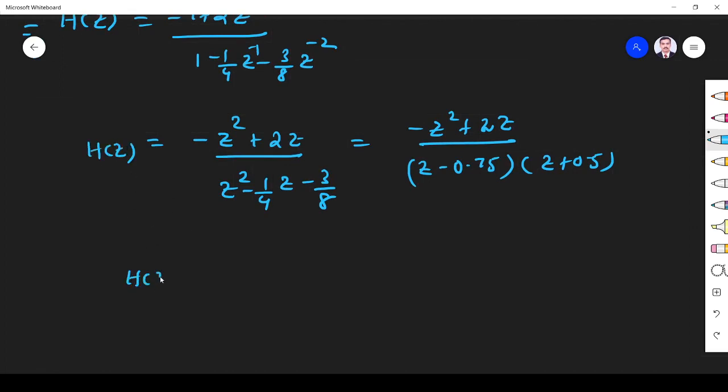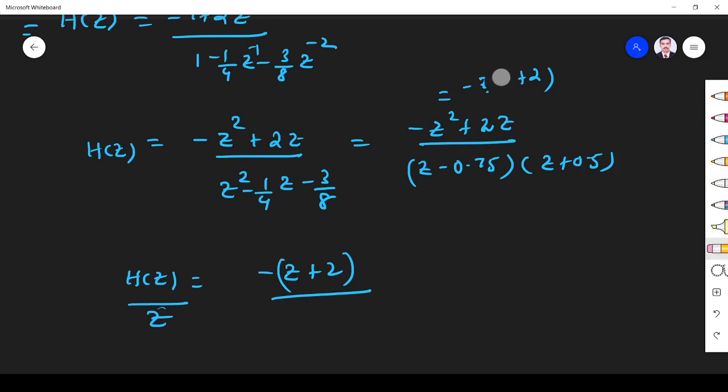So whenever you find the inverse z transform, you try to bring one z to this side. The numerator is minus z squared plus 2z, so I take minus z outside, it is minus z times z plus 2.